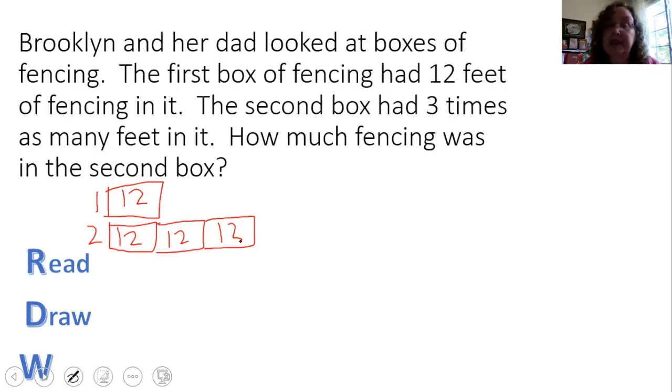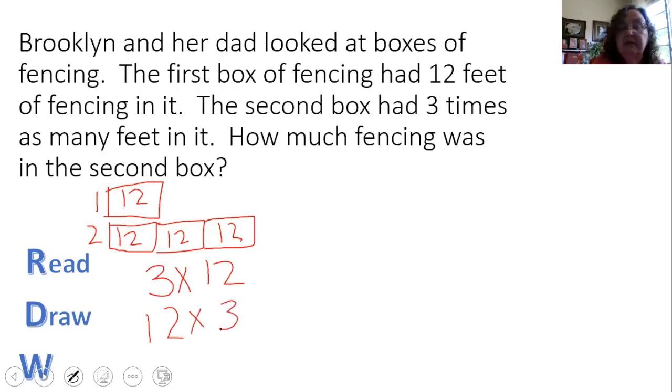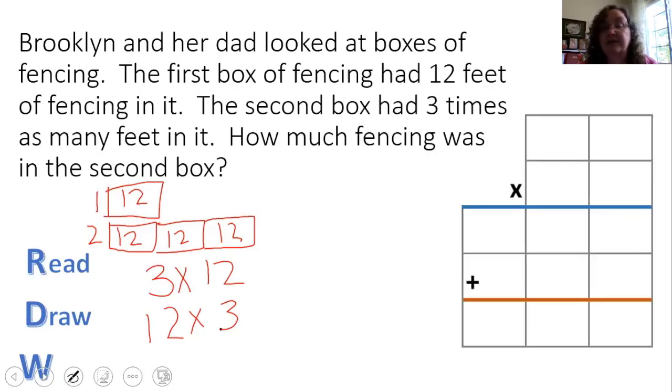So what multiplication sentence does it make you think of? You could say 3 groups of 12, or you might have said 12 times 3. Same thing. So now let's look at our graphic organizer.